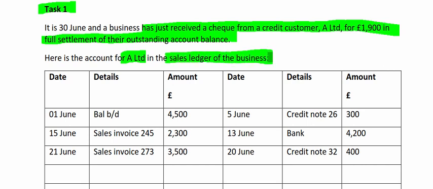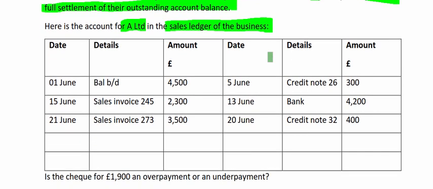Now the sales ledger is the subsidiary ledger or the memorandum ledger, where we record the individual balances owed by each credit customer. And A Limited is one of our credit customers, so this is their individual balance set up with some entries on the debit side of the ledger account.